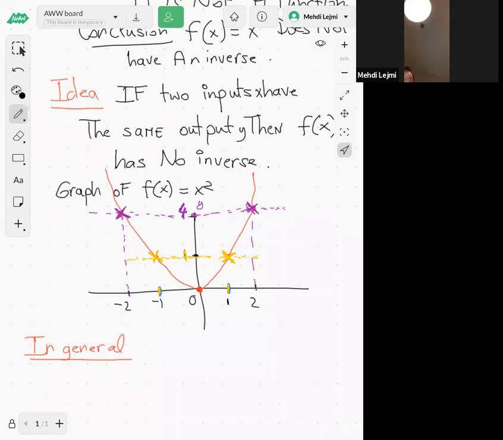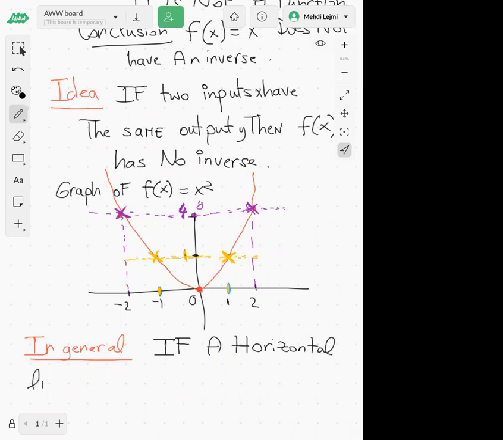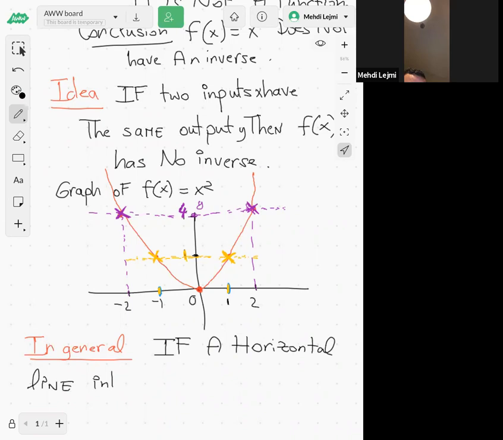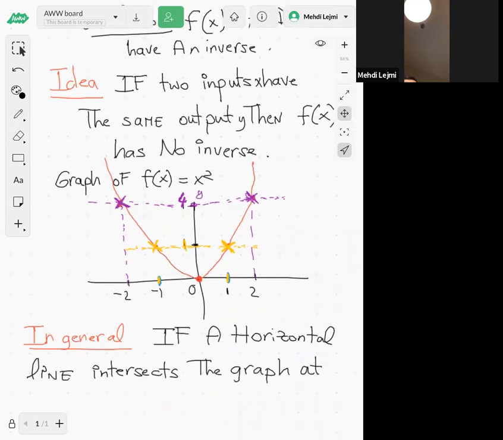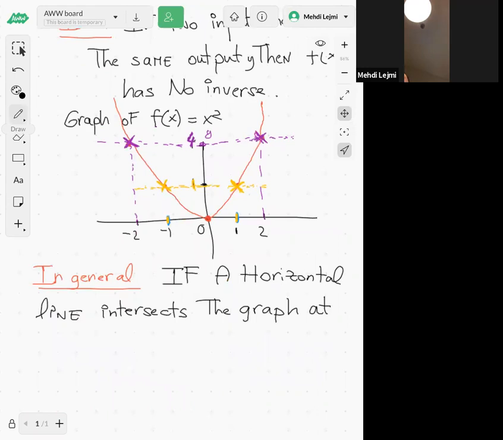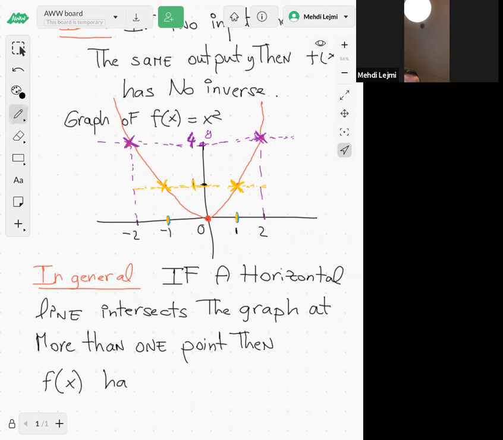So in general, if just one horizontal line intersects the graph at more than 1 point, so it's 2 or 3 or more, then f of x has no inverse.